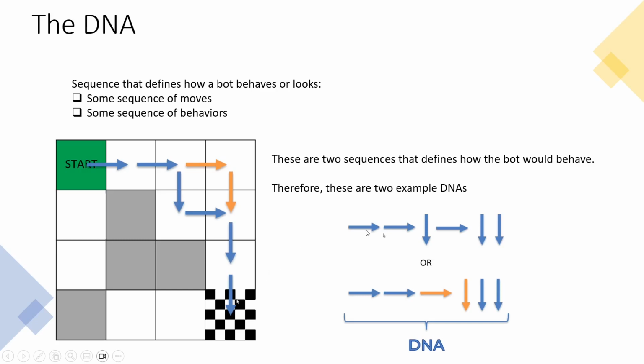The first DNA is right, right, down, right, down, down. The second DNA is right, right, right, down, down, down. So these are two DNAs for our bot that could complete this track.